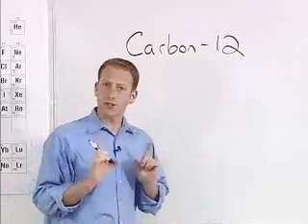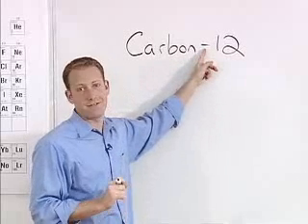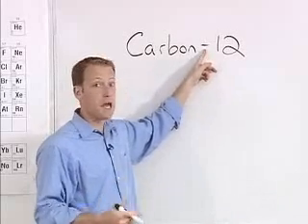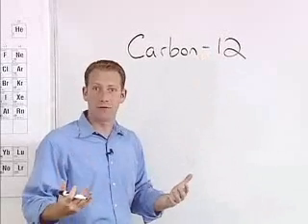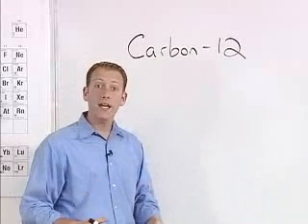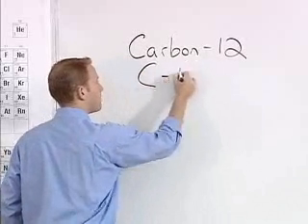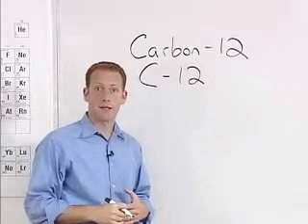Keep in mind, a lot of students get confused about this. This right here is not a negative sign. This is not carbon negative 12. This is carbon with a mass number of 12. This is just one way we could designate that. Another way is to write the symbol for carbon and put a 12. That's another way we could write the mass number.